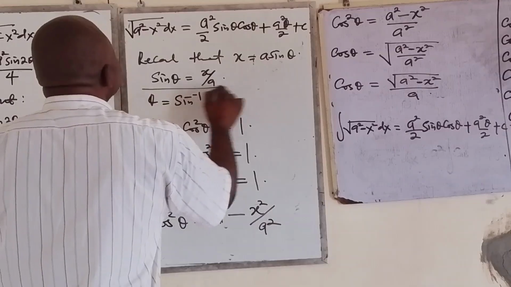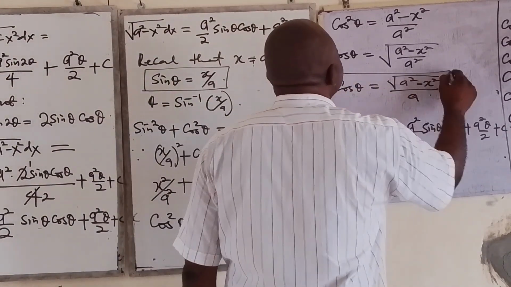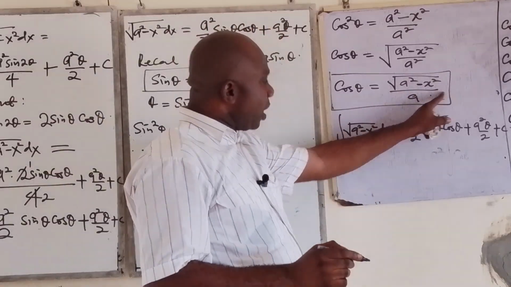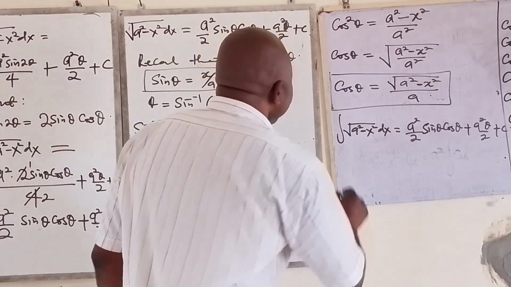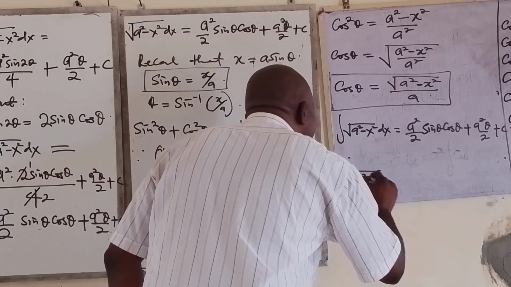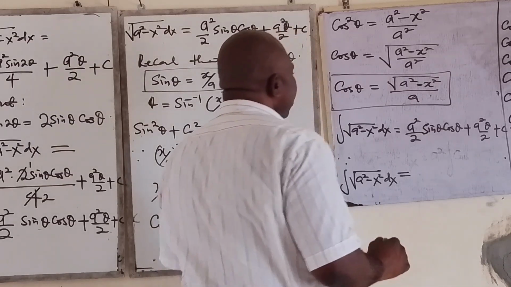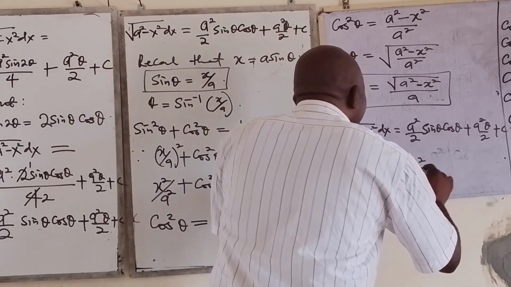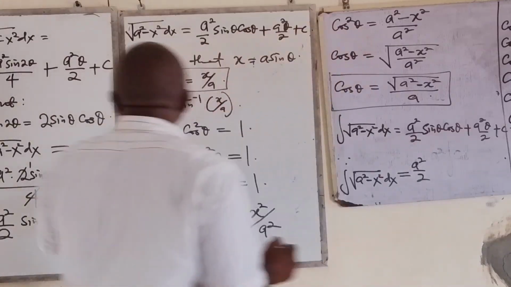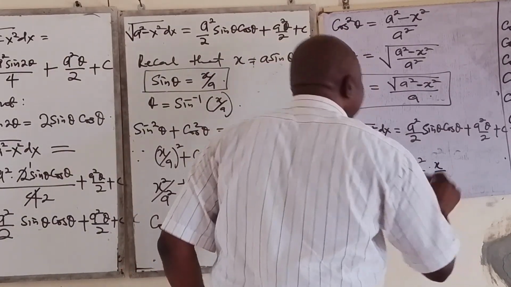The value of sine theta is x all over a. The value of cos theta is the square root of a squared minus x squared, everything all over a. So the integral will be equal to a squared all over 2. Now we have sine theta, which is x all over a.